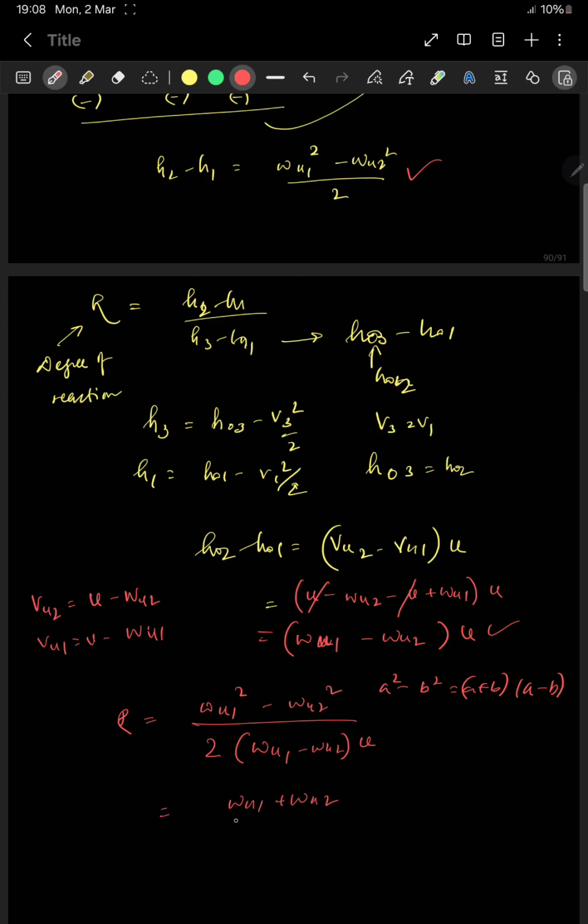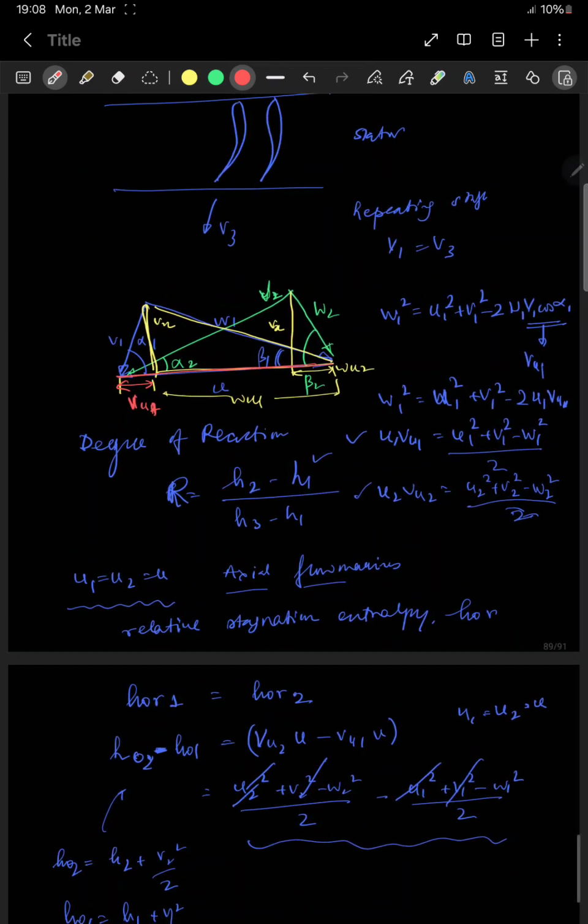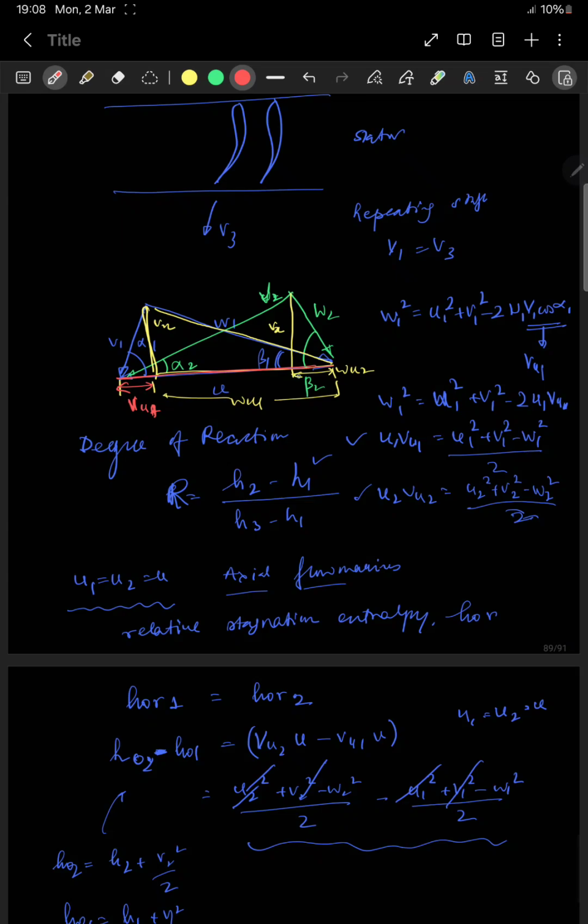wu1 plus wu2 divided by u into 2. So this will be vx by u into 1 by 2 into wu1 plus wu2, multiplying and dividing by vx. So this is half, vx by u is phi, and this is wu1 by vx.